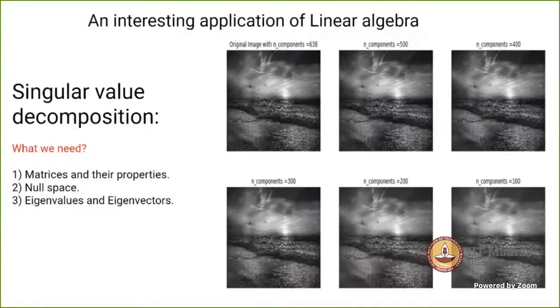Using singular value decomposition, that matrix can be converted into easier matrices, like diagonal matrices. Using singular value decomposition in linear algebra, you can optimize this picture and remove the blurring. That is a linear algebra application.